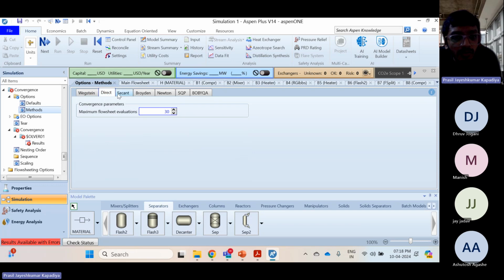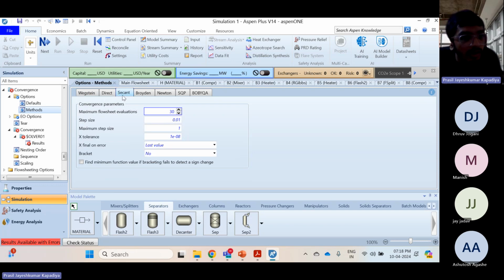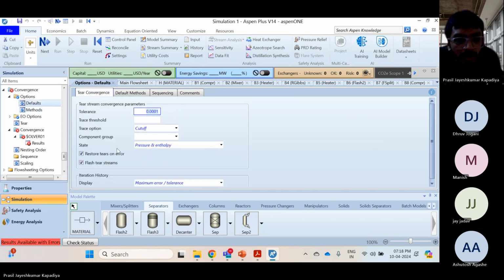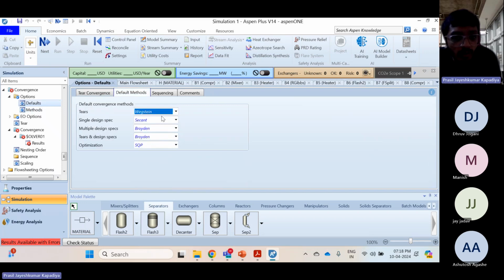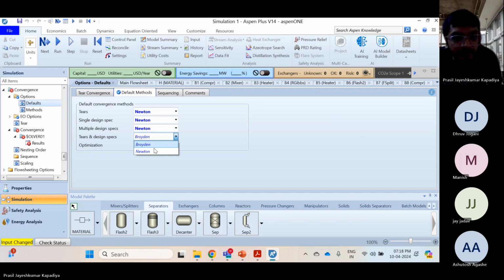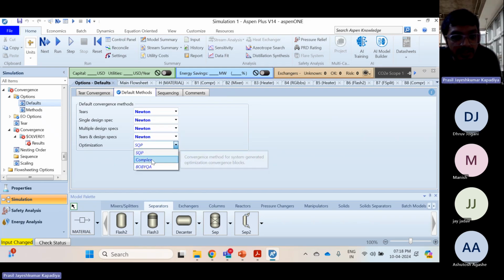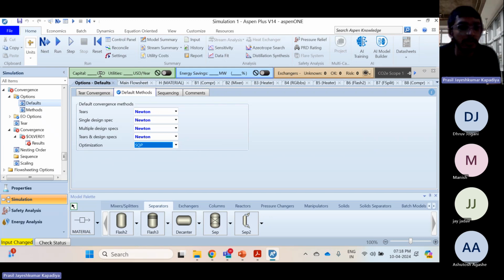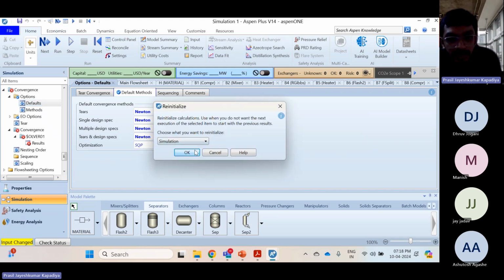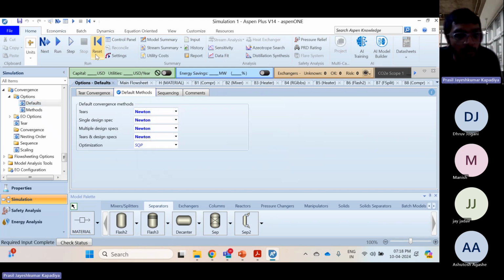Here I guess you need to change the default methods to Newton everywhere. Did you find it, sir? Yes, sir. Wherever it's not Newton, just leave it. Here for optimization, it's not Newton, it's SQP or something else. So let's add Newton for these four parts and run our simulations.